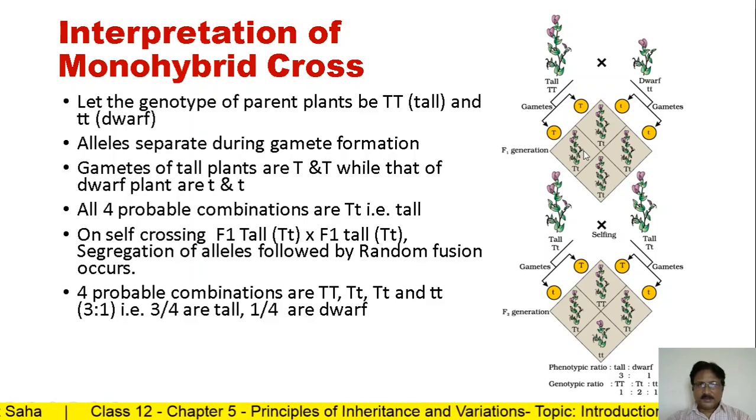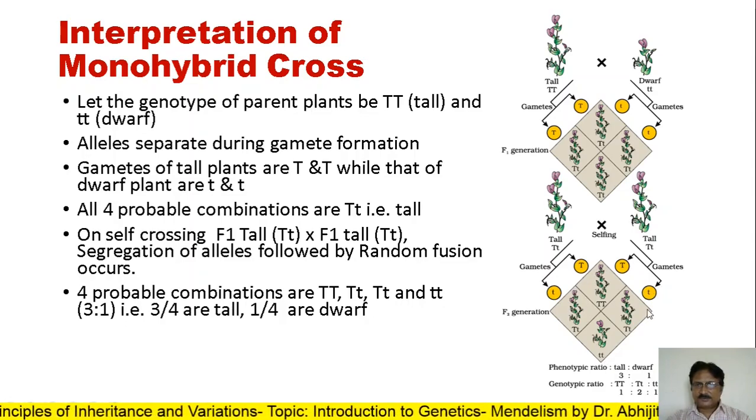Now, in the next step, what he did was selfing of the F1 hybrids. Capital T small t is crossed with capital T small t. Here again, during gamete formation, segregation occurs. Capital T small t separates, and similarly for this plant, capital T small t separates.